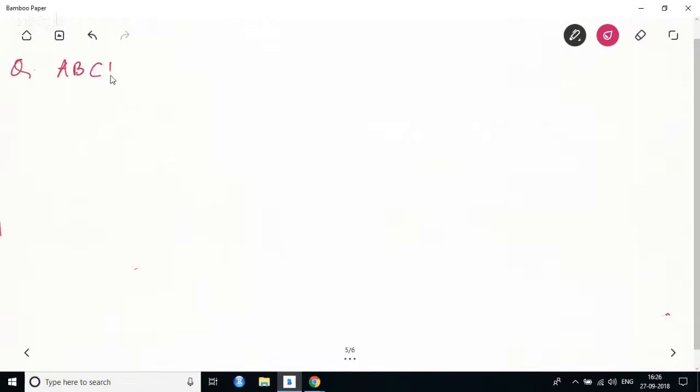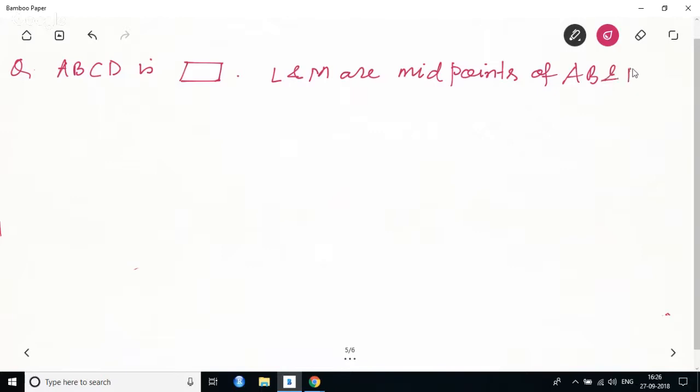ABCD is a parallelogram. L and M are midpoints of AB and DC respectively.